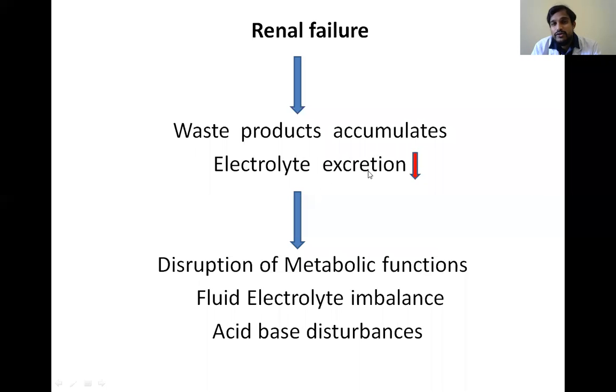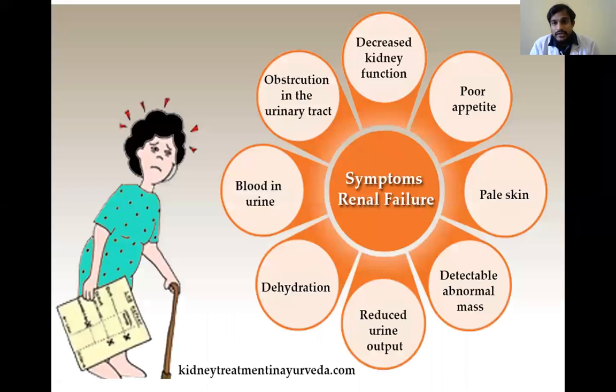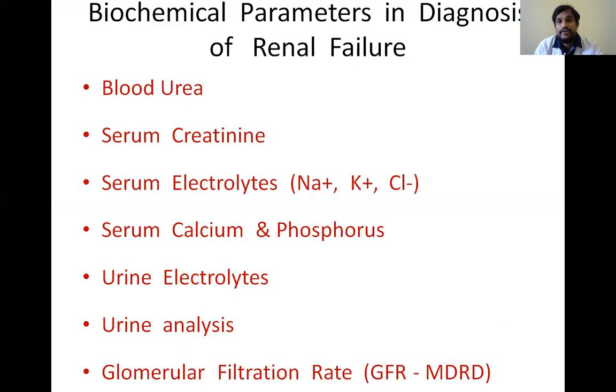And in renal failure, electrolyte excretion is also decreased, which leads to fluid electrolyte imbalance and acid-base disturbances. So these are the disturbances which occur in renal failure, which lead to different signs and symptoms by which the patient comes to us and we will diagnose the renal failure.